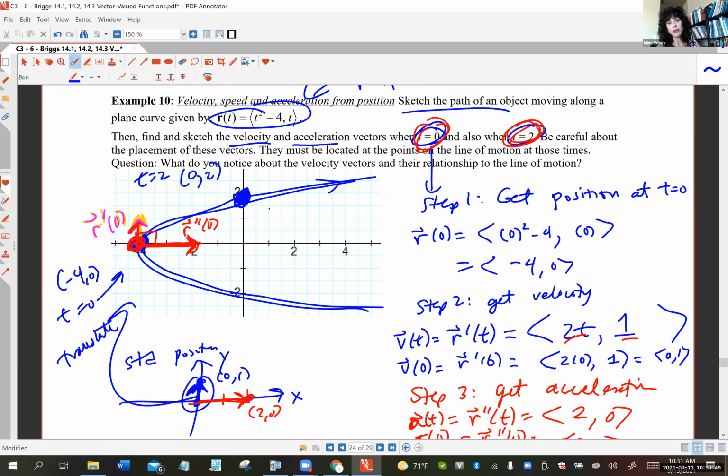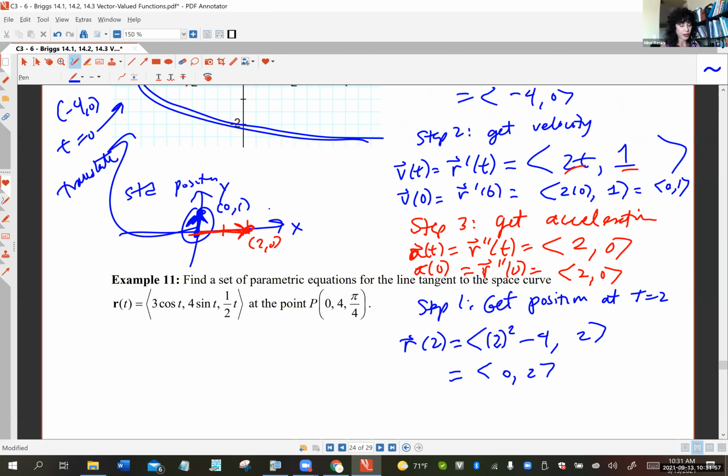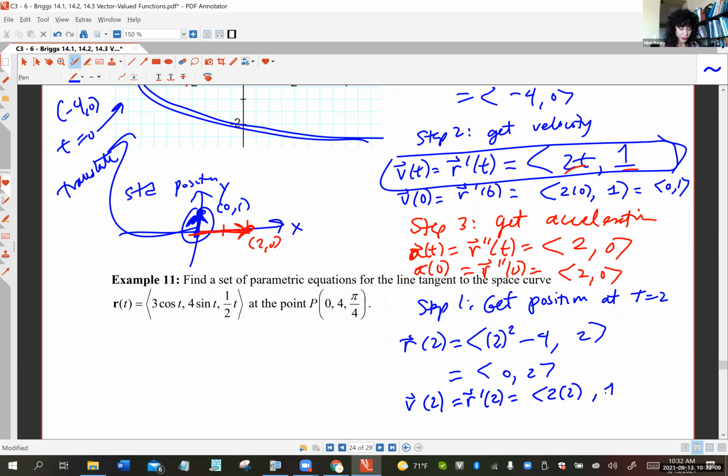Now what? Let's go get velocity and acceleration vectors associated with that position. So we already have the velocity vector. Good news, I don't have to take the derivative all over again. I know what my velocity vector is. It's 2t, 1. But what would my velocity vector be at 2 seconds? Well, substitute t equals 2.